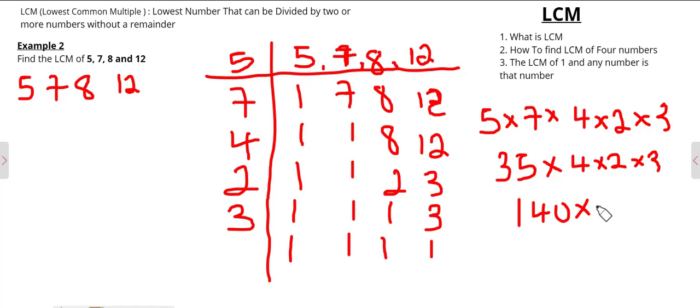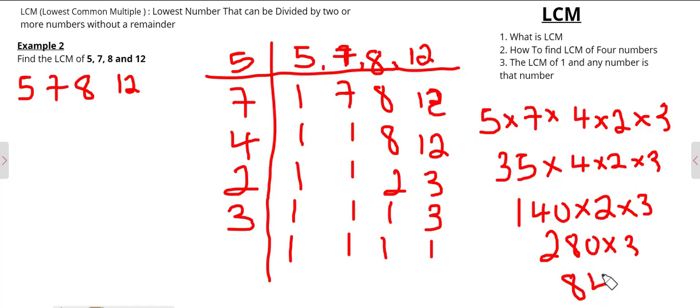But if you still want us to do it gradually, we'll do that. So 140 times 2 will give us 280, multiplied by 3. So 280 multiplied by 3, if you get it correctly, the answer is 840. And this becomes our LCM of those 4 given numbers.